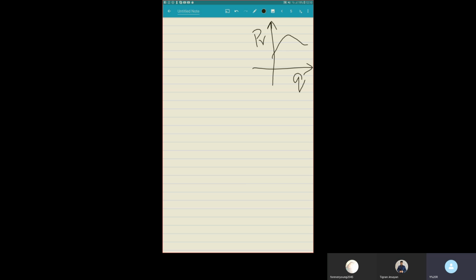They want us to find the maximum profit, for which Q. So we have to find this point. At this point, the profit is maximum, you see. So we have to find the value of Q at this point. So what is this Q? We have to find this one.